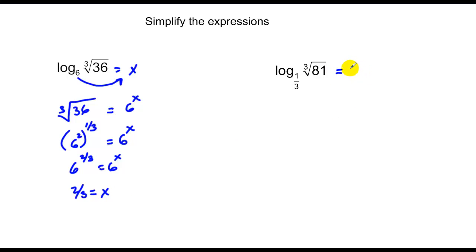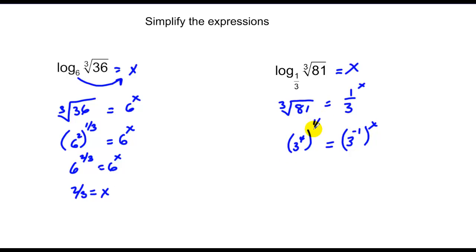Another one for fun. Slide the base, 1/3 raised to the x is equal to the cube root of 81. Probably going to get a base of 3 and get this out of radical form. So this will go to 3 to the negative 1 power. 81 is 3 to the 4th.